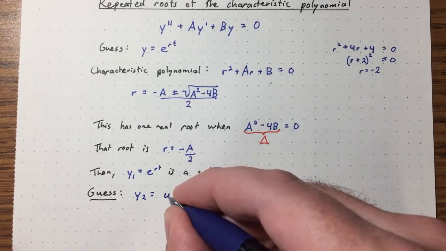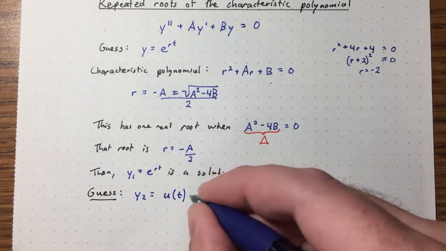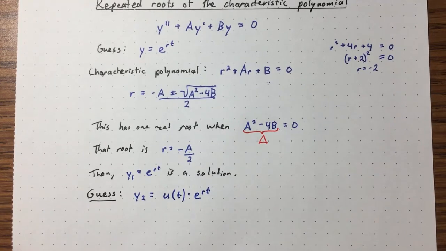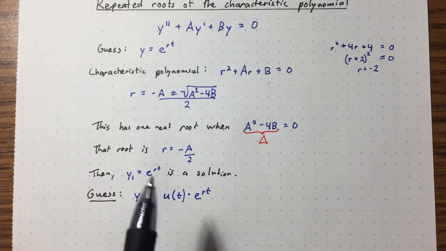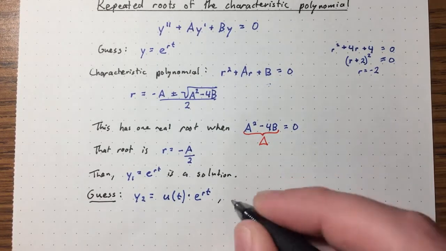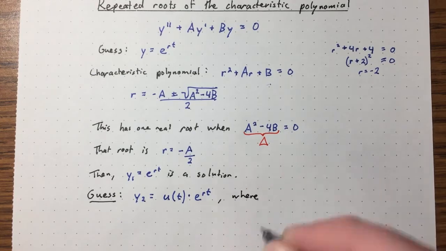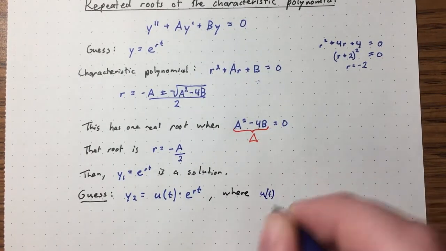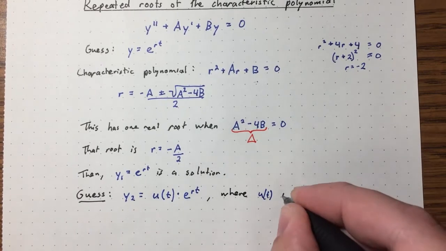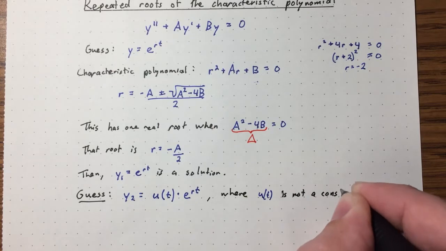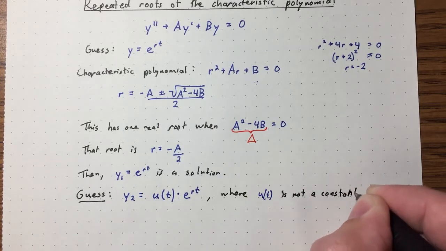Maybe it's some other function, I'll call it u of t for now, times e to the rt. It's actually important that I include this first solution in my guess, or else this method isn't going to work. We're going to guess this, but with the stipulation that u of t is not a constant.